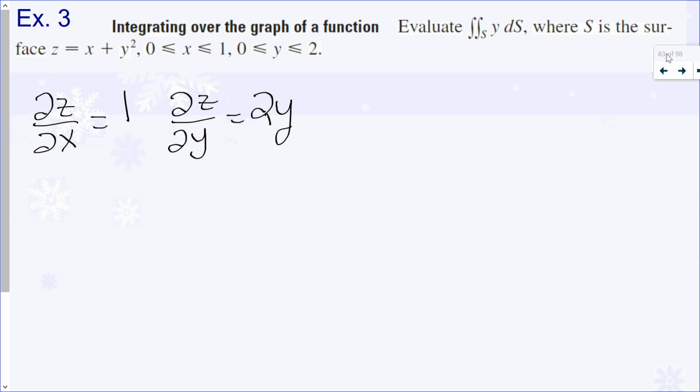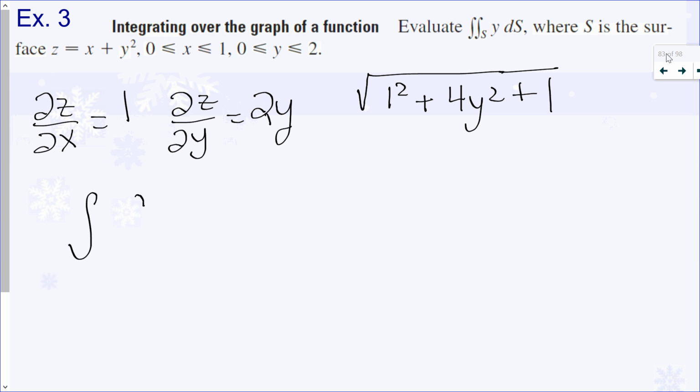and then the portion of the integral, which is the square root of partial z with respect to x squared, so that's 1 squared, plus partial z with respect to y squared, that's 2y squared, so that's 4y squared, and then plus 1. And that just really takes care of the whole cross product magnitude that we could do, but we don't have to do because the formula does it for us. So we get that the double integral, and we already know the bounds, so that's not going to be hard, is going to be y, because our integrand is y.